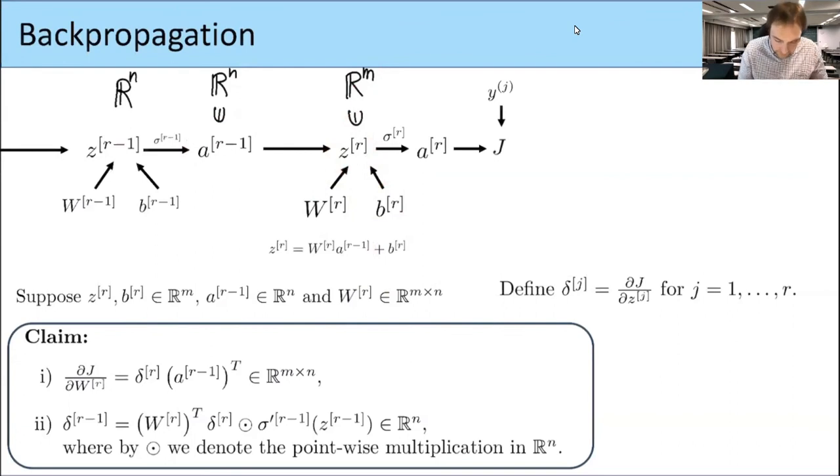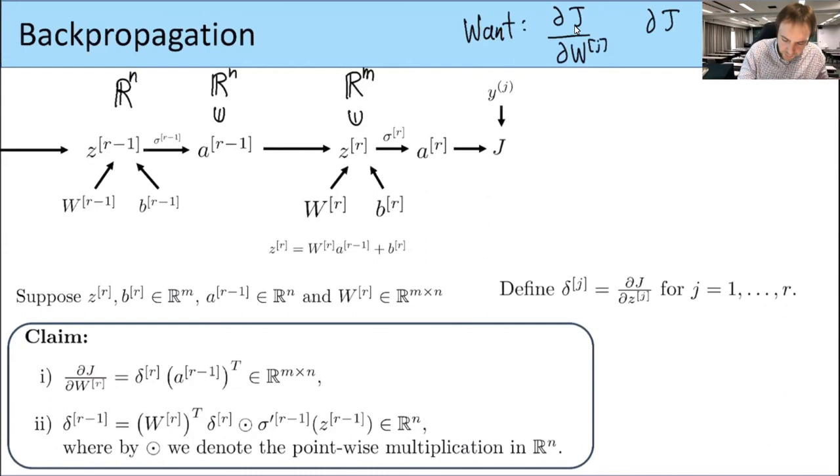And now the thing we want to show is how to calculate these deltas, and how to calculate these derivatives with respect to WR. Or in general, recall, we want the derivative of our cost function with respect to our weight matrices.